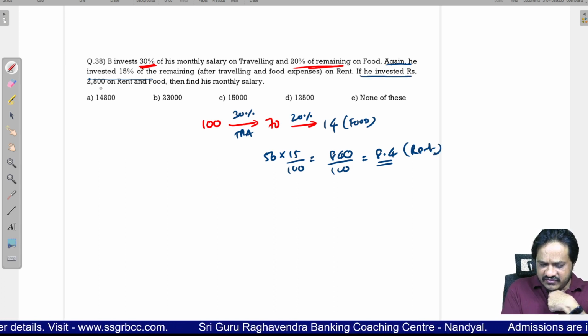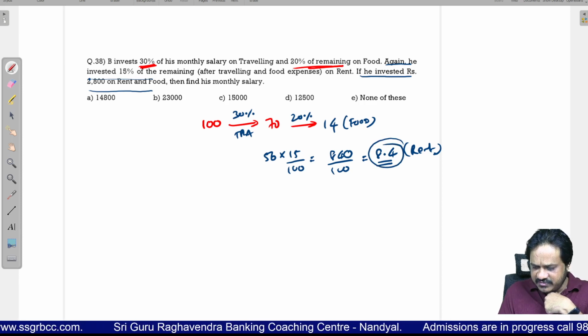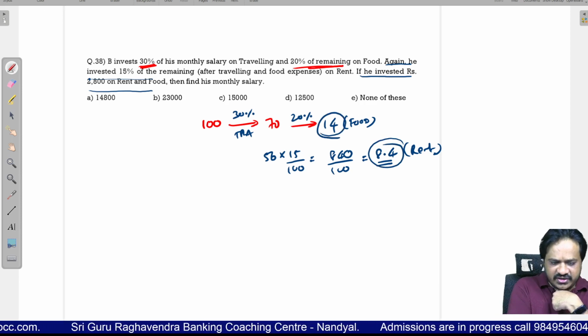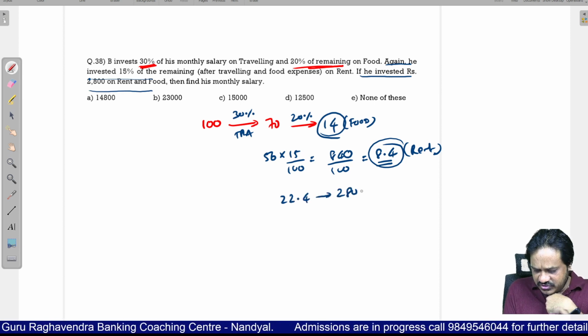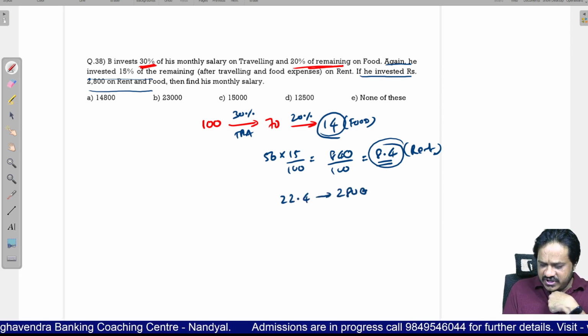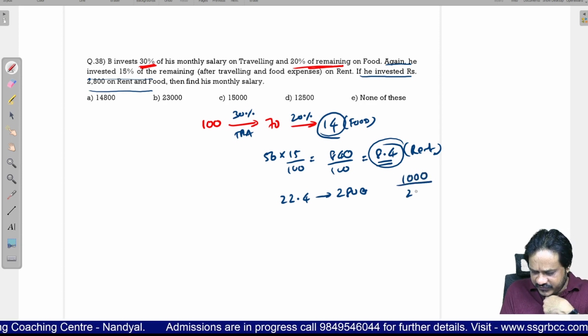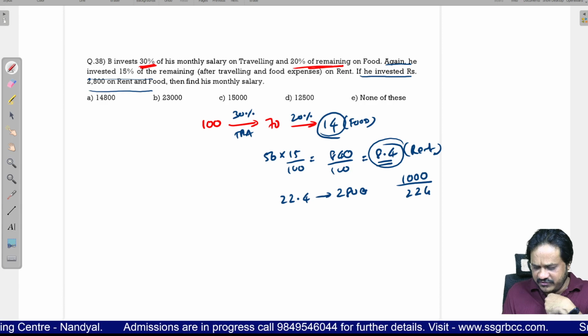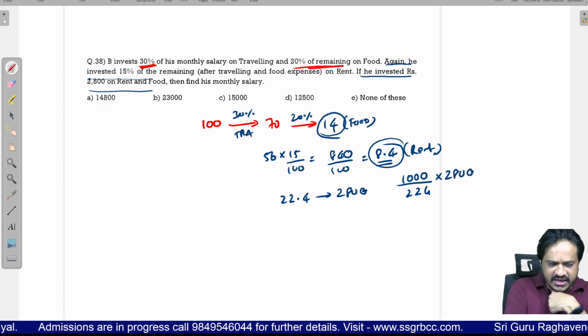Now he invested 2,800 on rent and food. So rent is 8.4, food is 14. So total it is 22.4, that is equal to 2,800. We want monthly salary, that is 100. So 100 by 22.4 or 1000 by 224 into 2,800.